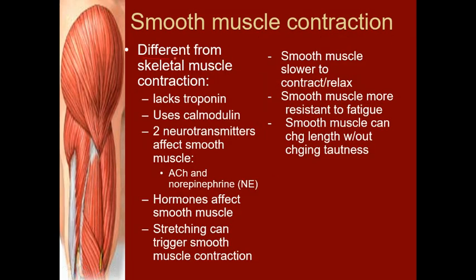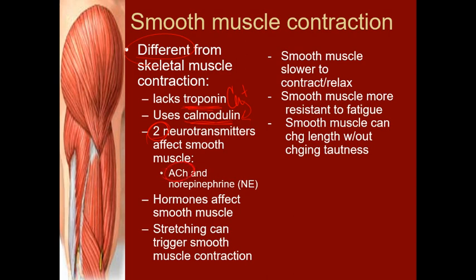So, different in ways that it's different. It doesn't have the troponin. Remember, that's where the calcium bound in skeletal muscle. So it doesn't have troponin, but it has something similar. Calcium instead binds to this protein called calmodulin, a different protein that takes the place of it. Instead of just acetylcholine, we have two neurotransmitters affecting smooth muscle.